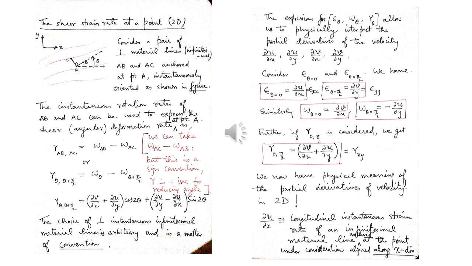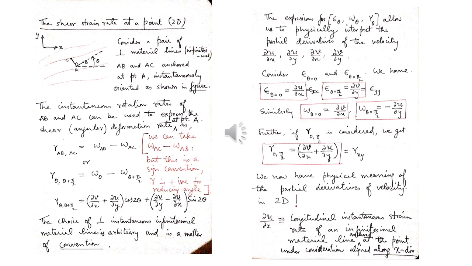Now again some symbolic convenience. Gamma AB comma AC is more conveniently written as gamma theta comma theta plus pi by 2, because after all the AB and AC, mutually perpendicular infinitesimal material lines, are characterized by their orientations with respect to the x direction. So AB has the orientation theta and AC has the orientation theta plus pi by 2.